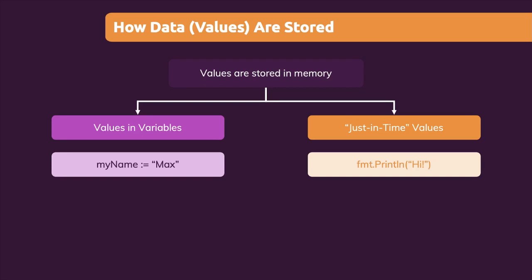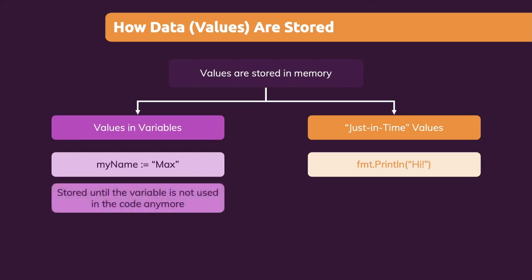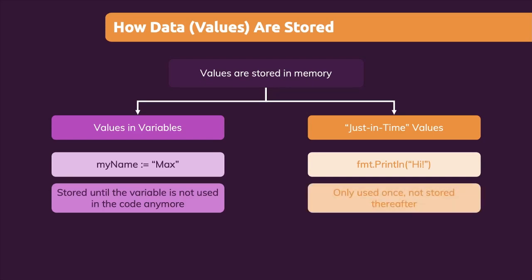Now there is a difference between those two cases though. On the left side, if we store a value in a variable, then it's kept around in memory until we don't use that variable anymore. And Go will detect if there is no more code left to execute that uses the variable anymore. And on the right side, of course, we instantly don't need that value anymore.